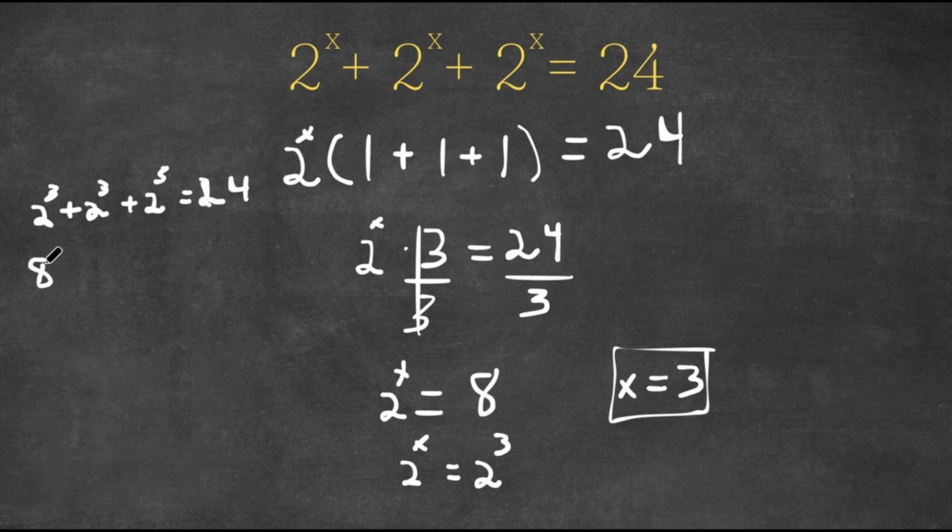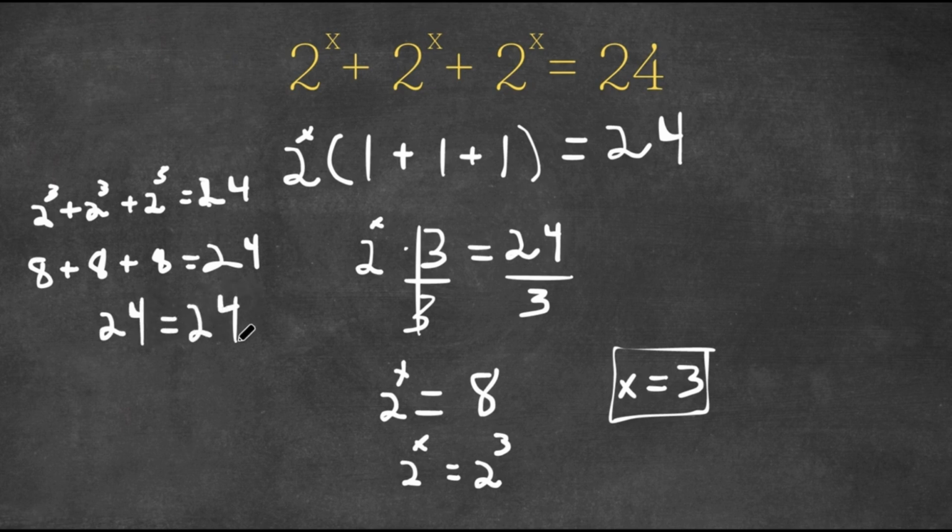So now we have 8 plus 8 plus 8 is equal to 24. Now 8 plus 8 is 16, and 16 plus 8 is 24. So we are left with 24 is equal to 24. And this is right, so we know our solution is right.